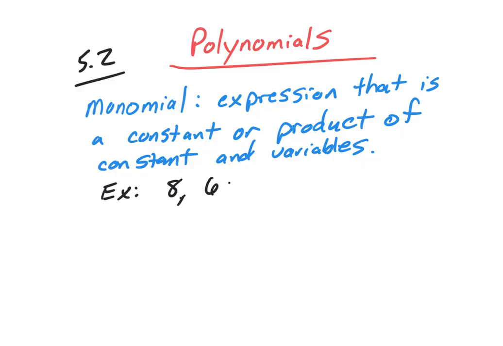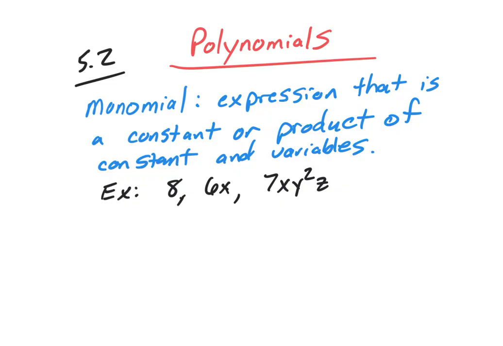I could do like 6x. That would be a monomial. I could do 7x, y squared, z. I can put as many variables as I want to, as long as it's only multiplication. We don't want any addition or subtraction or anything like that. But if I'm just multiplying all these things together, then that is a monomial.